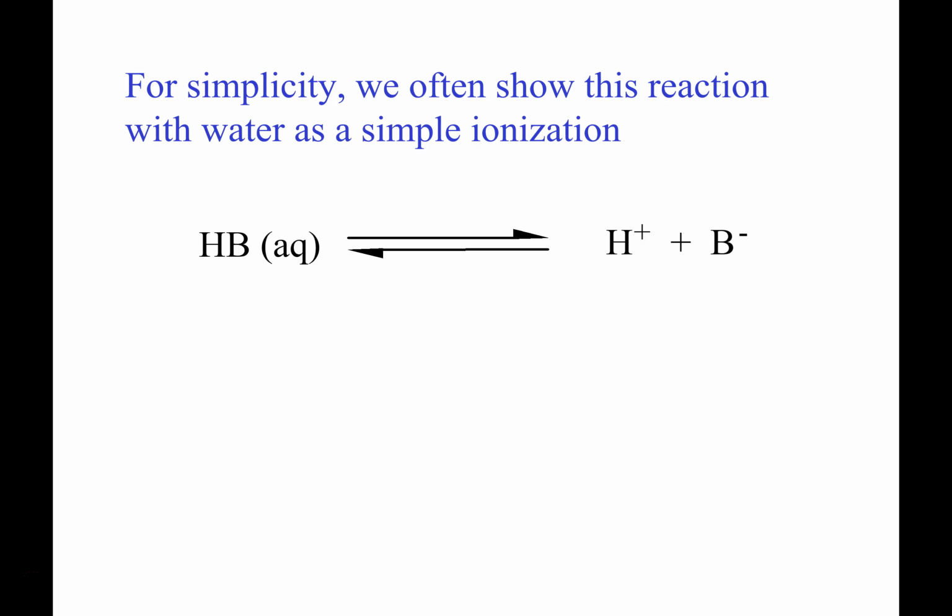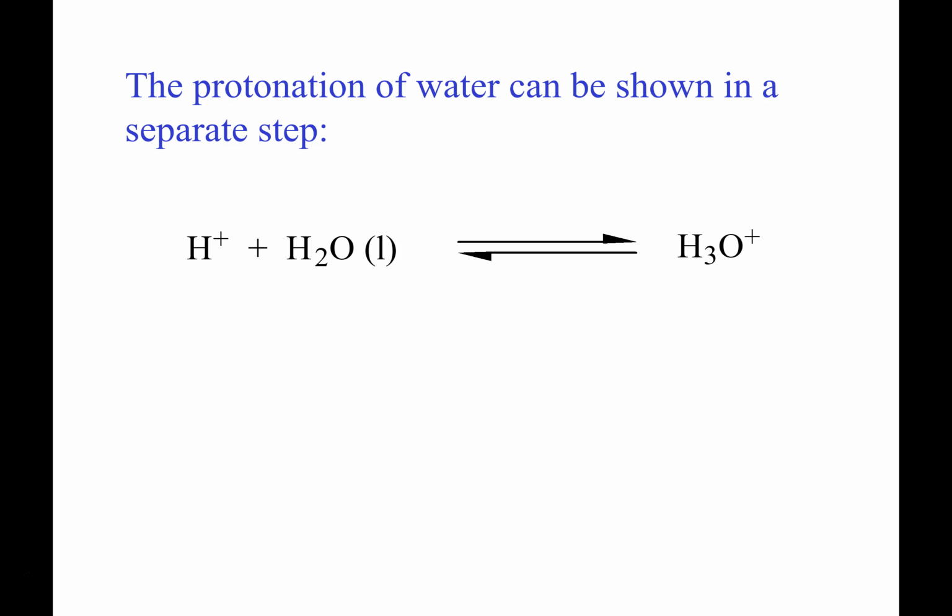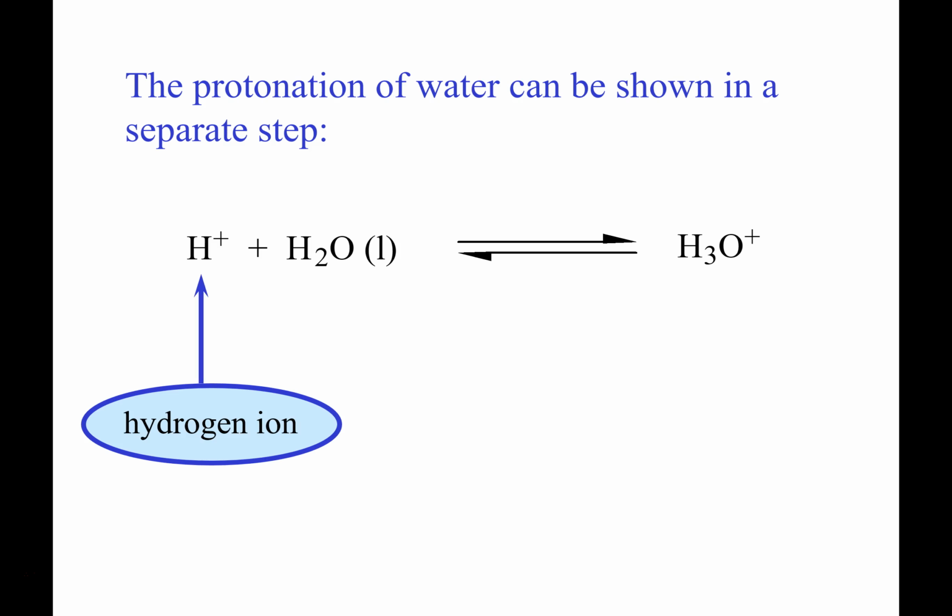It's probably going to catch a ride with a neutral water molecule and make your H3O plus. So we can think of your free proton, your free hydrogen ion, catching a ride with a water molecule to form H3O plus.